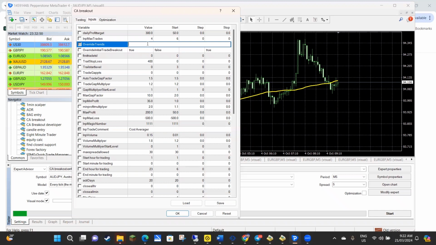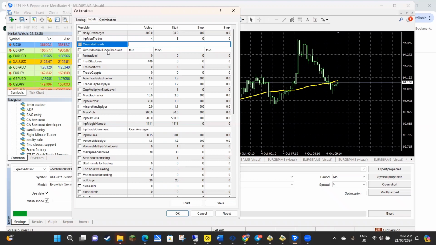Let's say you had the 15 and the 1 hour lined up, but the 4-hour wasn't, and you decided you really wanted to have the software trade, you can override that by either typing in buy or typing in sell. And they do have to be in capital letters. So you just type that in and it will trade in that direction. All the other requirements will still need to be met, but once they do, then it will either do a buy or a sell depending on what you type in there.